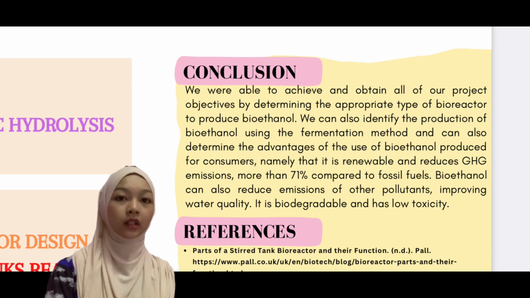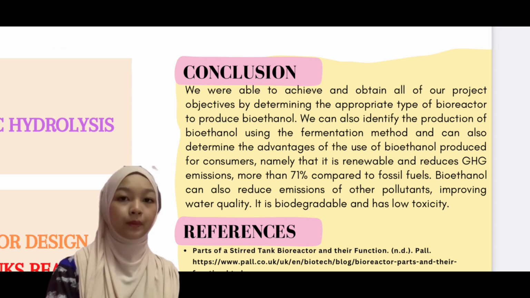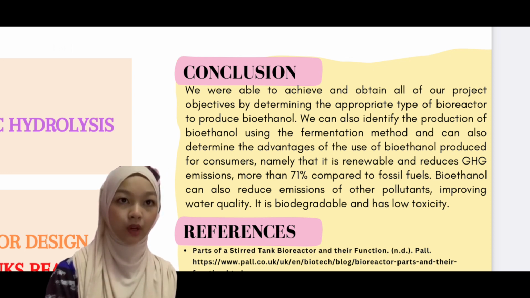And the last one in this project is the conclusion. We were able to achieve all of our project objectives by determining the appropriate type of bioreactor to produce bioethanol, which is the stirred tank bioreactor. We can also identify the production of bioethanol using the fermentation method and can also determine the advantages of the use of bioethanol produced for consumers.